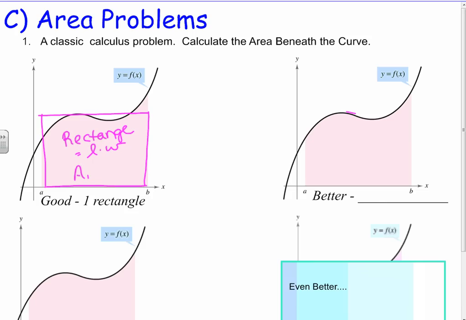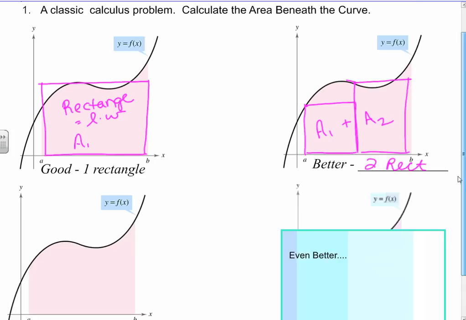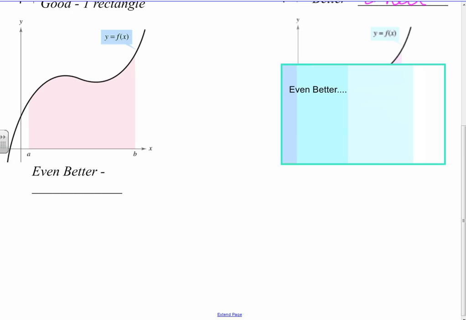If I wanted to get a little bit better, perhaps I would chop this thing into 2 rectangles. So maybe I'll estimate the height of one of them right there. And then the other one I'm going to bring to a height of there. And now I'm going to calculate the area of one, add it with the area of the other rectangle. So a little bit better using 2 rectangles. I could even get better.